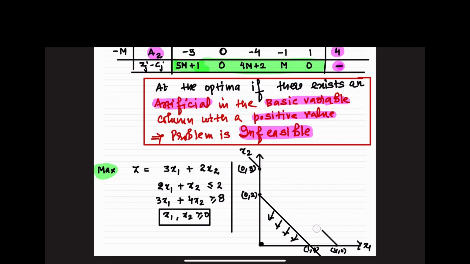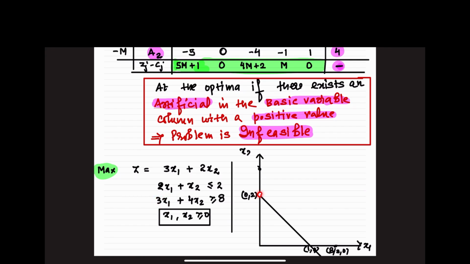So this constraint will not remain. We have to change it. So let's change this and see what is the new region that we are getting. If we plot this, x1 comes out to be 8 by 3. So 8 by 3, comma 0. If we put x1 as 0, x2 is now 2.